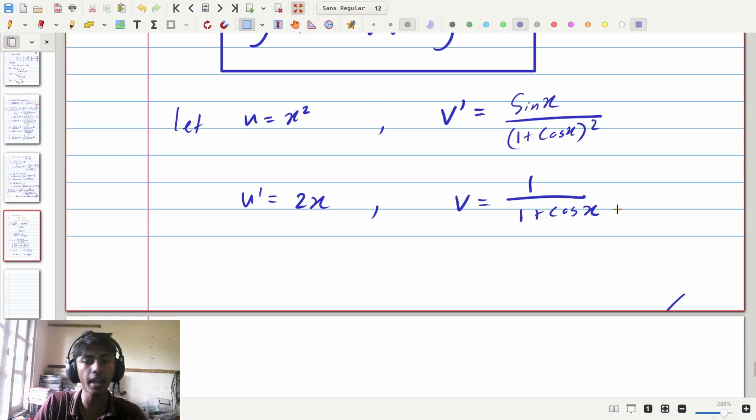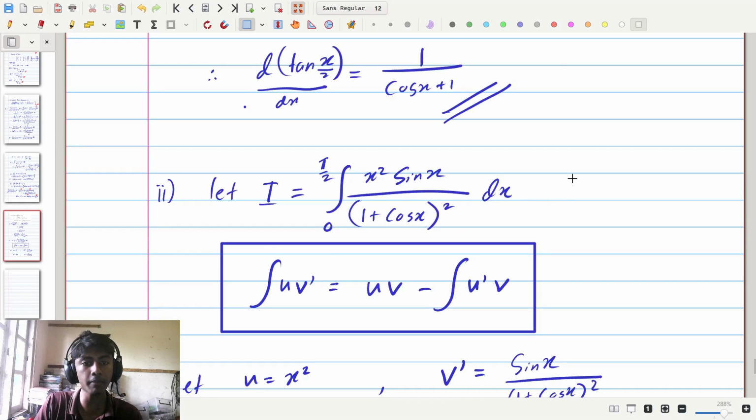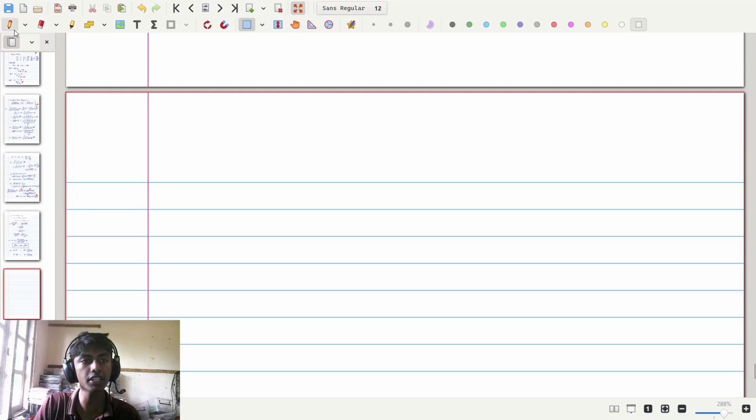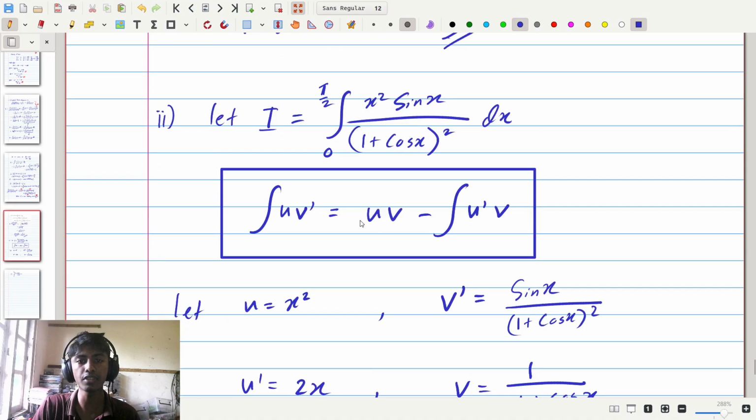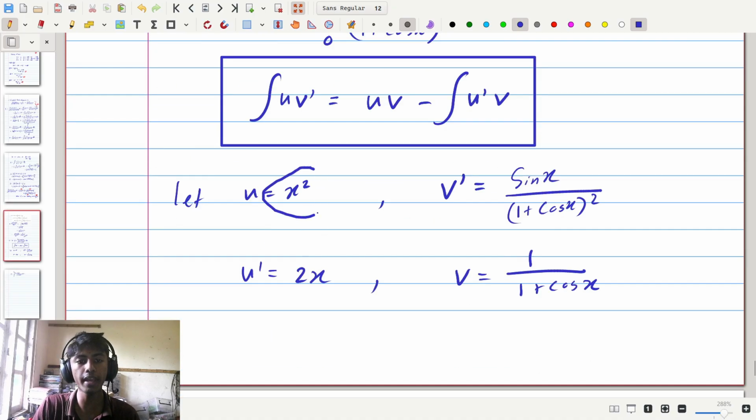And now according to that, if we substitute in integration by parts, we're going to get the integral I, which is equal to the integral from 0 to pi by 2 of x squared times sine of x divided by 1 plus cosine of x whole thing squared, being equal to u times v, which in this case is x squared times v, which is 1 over 1 plus cosine of x.